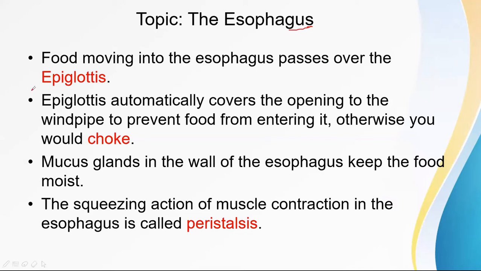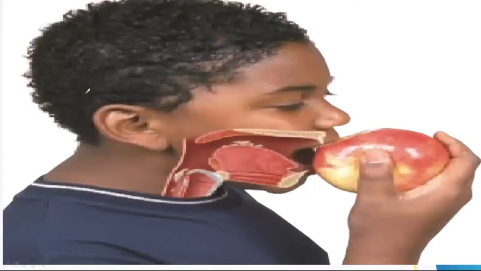Here in this picture, you are seeing a boy eating an apple. When he swallows this apple piece, it enters the esophagus. Where my cursor is moving, this is the food.